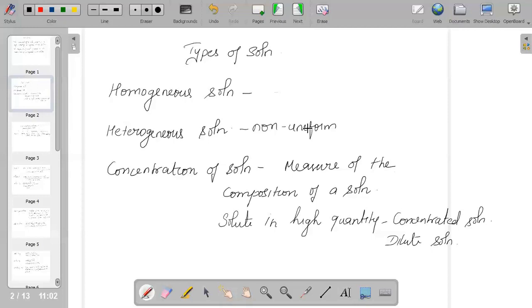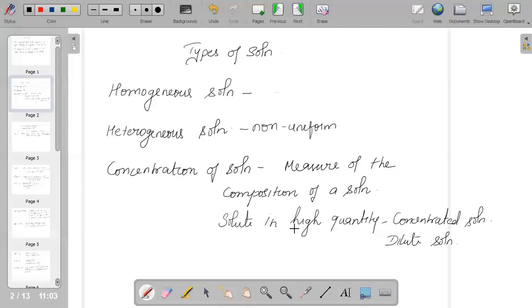But the most important part of this chapter is the concentration of the solution. Concentration of the solution is a measure of the composition of the solute in a solution. If it has a relatively large quantity of solute, you call that a concentrated solution.